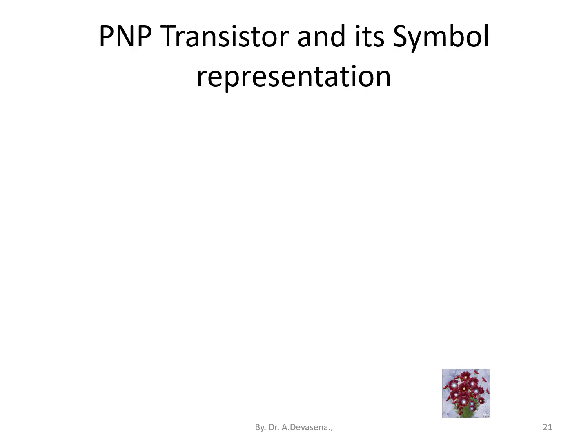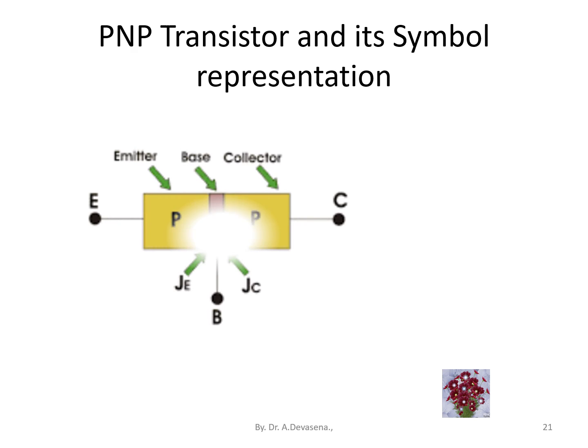PNP transistor and its symbol representation is shown below. This diagram represents the PNP transistor. The PNP transistor has three terminals: emitter, base, and collector. The emitter terminal is made up of P region, the base terminal is made up of N region, and the collector terminal is made up of P region.